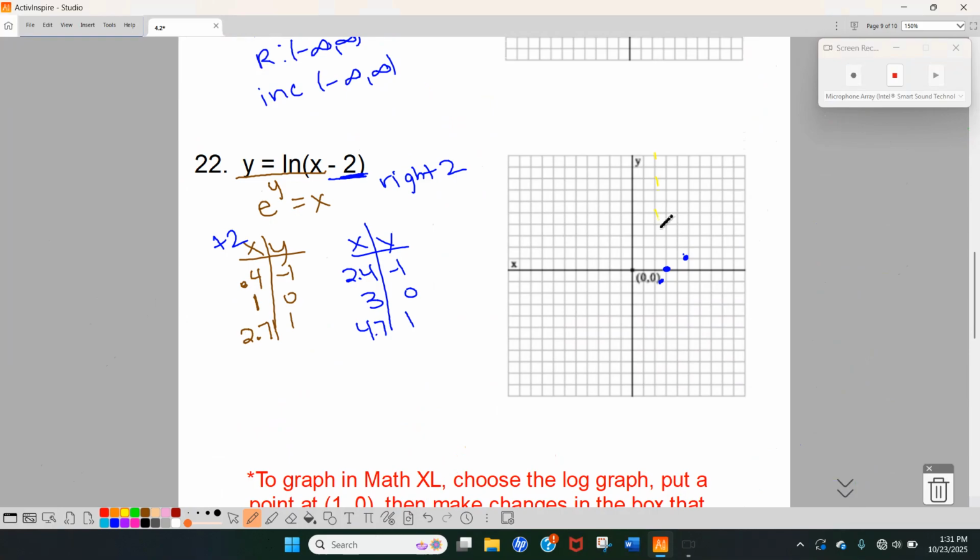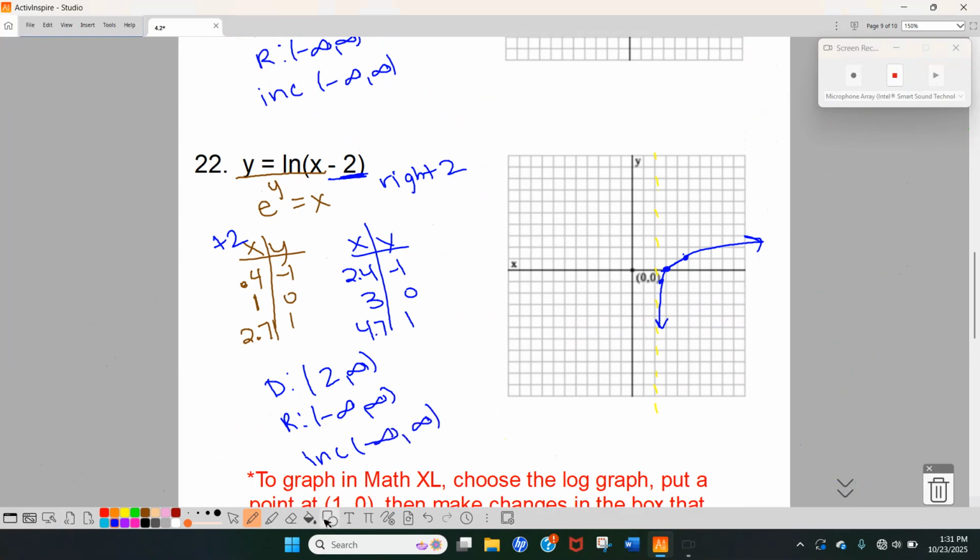It is now shifting to the line y equals 2. So when I draw this in, I need to be careful to not pass up that spot on the x-axis. So we would have a domain of 2 to infinity, because we moved our asymptote to 2, a range of -infinity to infinity, and we are always increasing, so we would say increasing from -infinity to infinity.